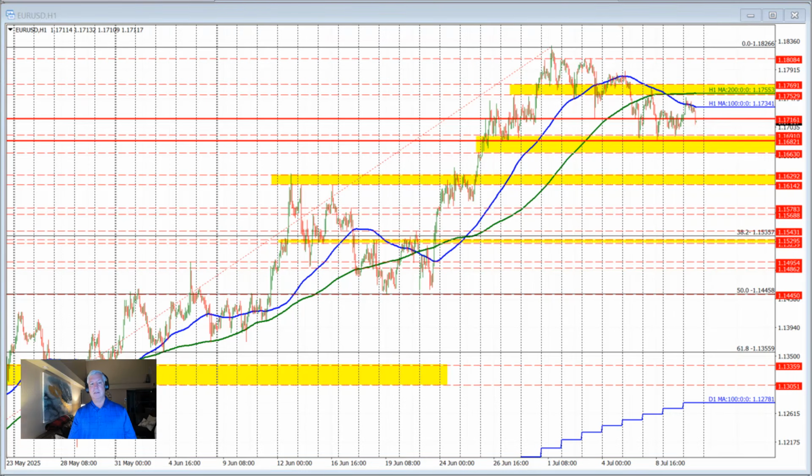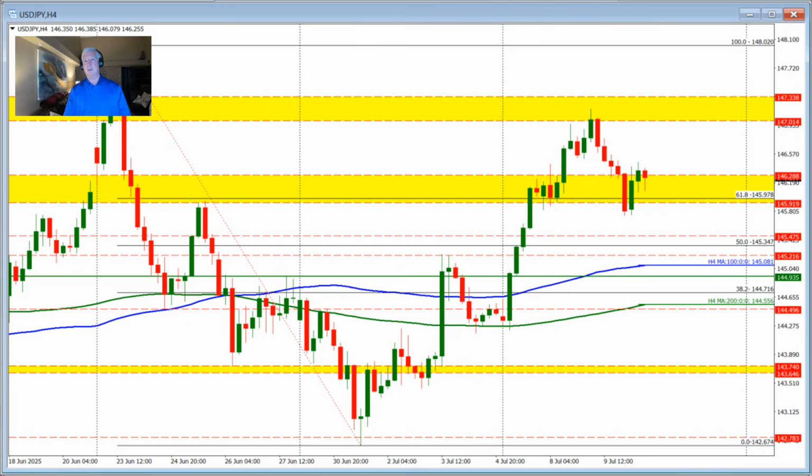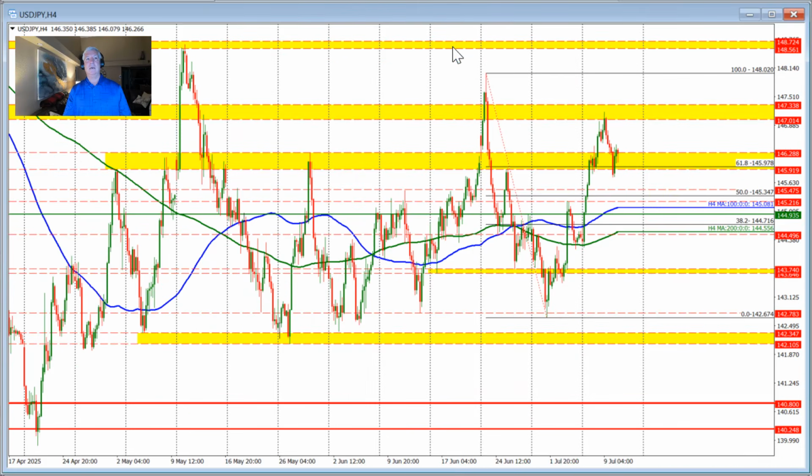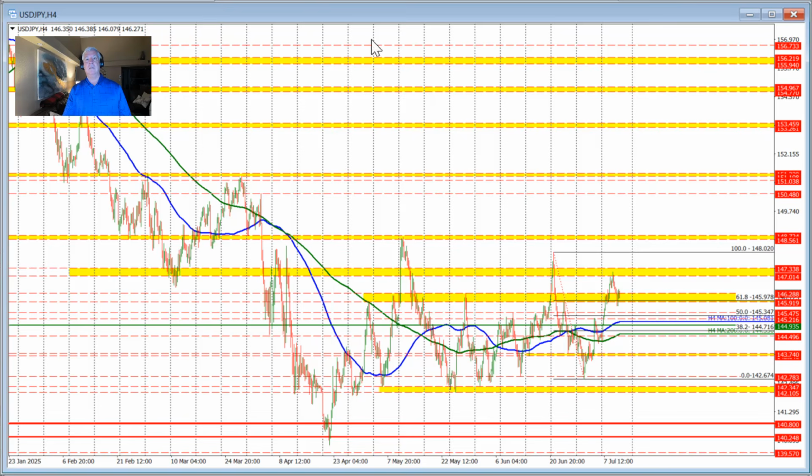So just be aware of that level, that area, and also watch the 100 and 200-hour moving average on the top side. Let's take a look at the dollar versus yen next, and we'll look at the 4-hour chart for this currency pair. Let's swing it out here a little bit. If we look at this area right through here, this is where the market seems to stall, and then we rotated back to the downside. We did break back below the 61.8% retracement of the range over the last few weeks. That has taken the price to the downside and then back to the upside.